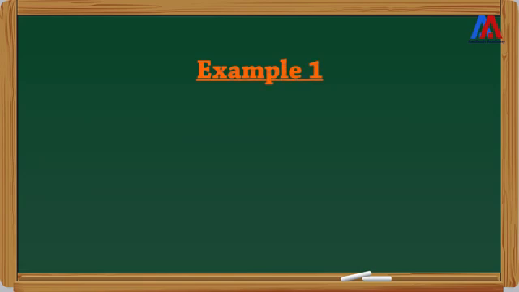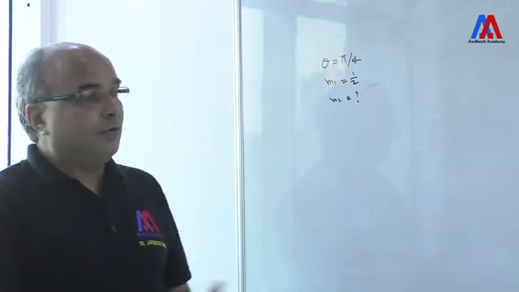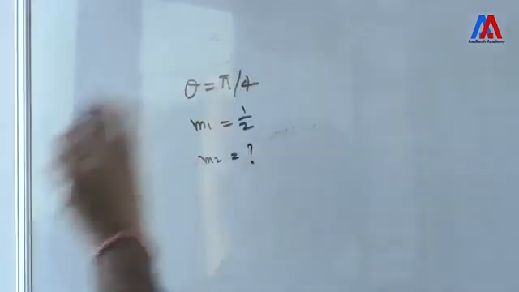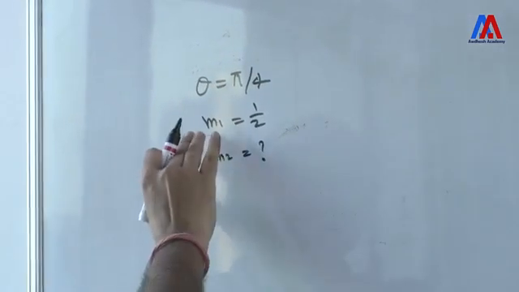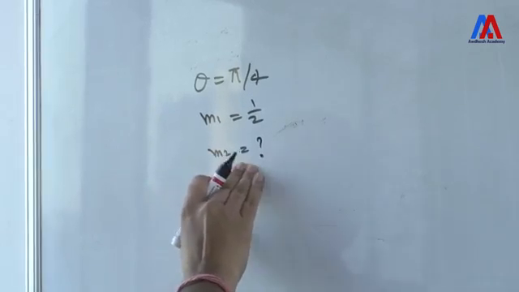Now the first example is: if the angle between two lines is pi by 4 and the slope of one of the lines is 1 by 2, find the slope of the other line. So let us see what is given. It is given that the angle between the lines, theta, is equal to pi by 4. One slope is half, m1. The second slope, let us assume m2, is to be found.